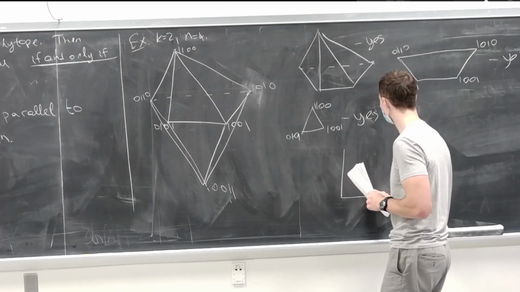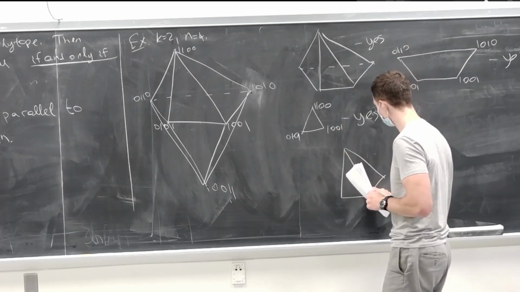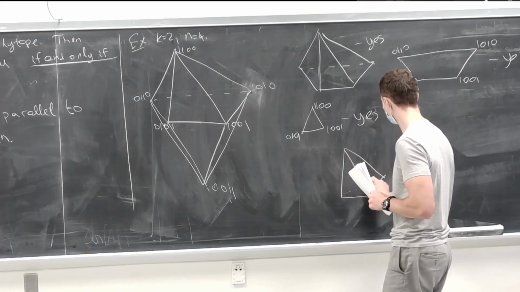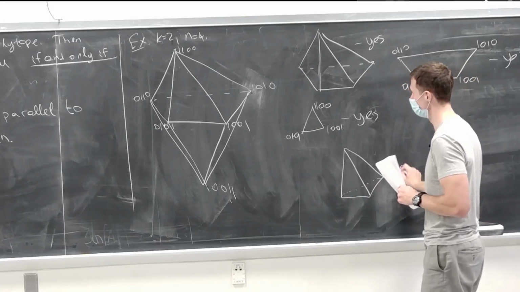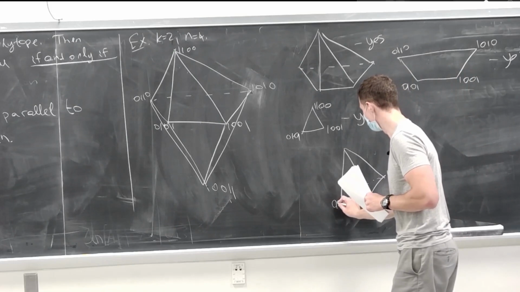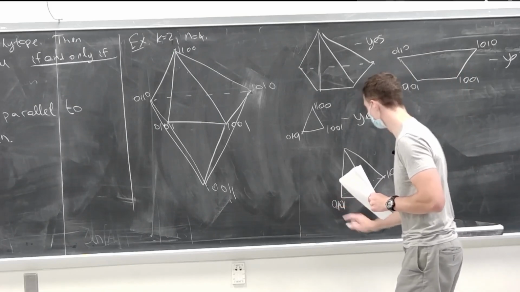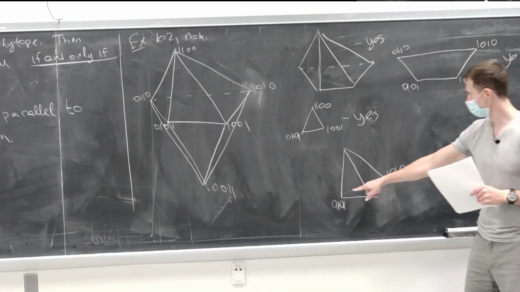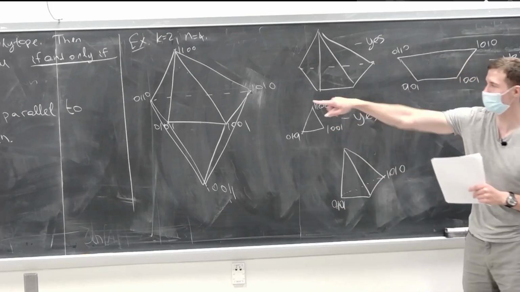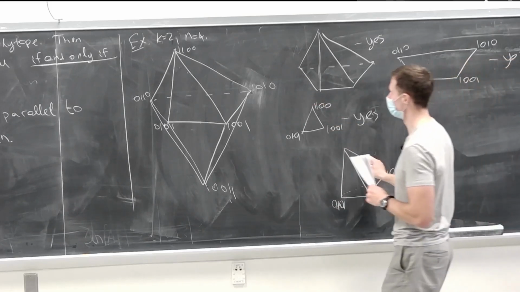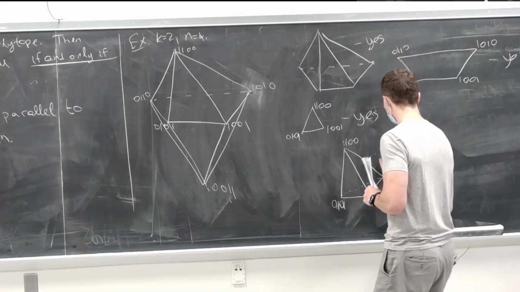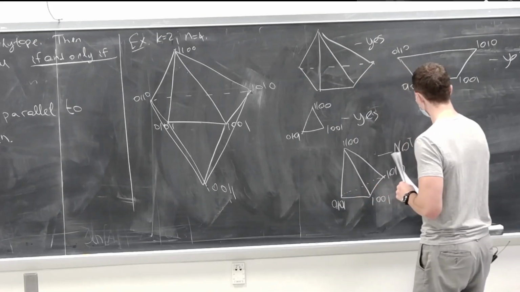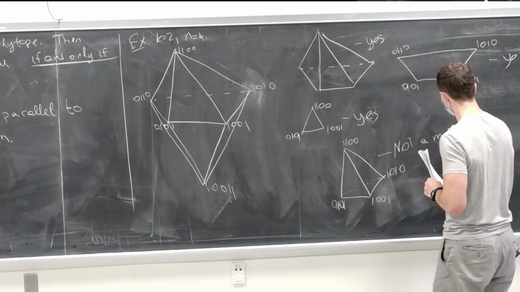Good. I have created a new edge. It's of the form 1, 0, 1, 0 to 0, 1, 0, 1. This is a bad edge. It doesn't satisfy that condition. So this is not a Matroid polytope.